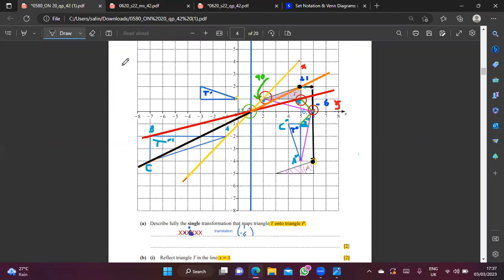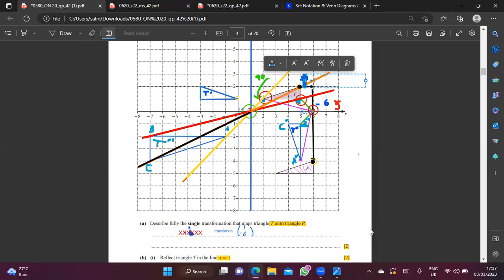Moving to the right is actually plus 1. How many steps to the right? You can see only 1 step to the right.